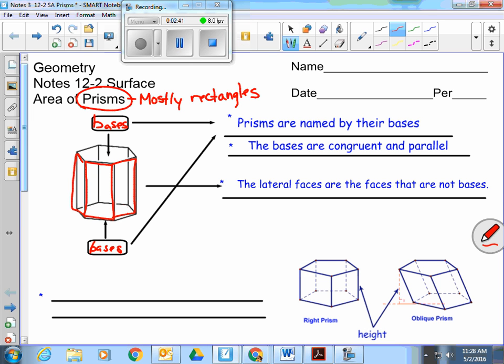And then last week on Friday, we also talked about the height. Does anybody remember what would be the height of this figure right here? This is your height. Remember, it's the line that connects your two bases.